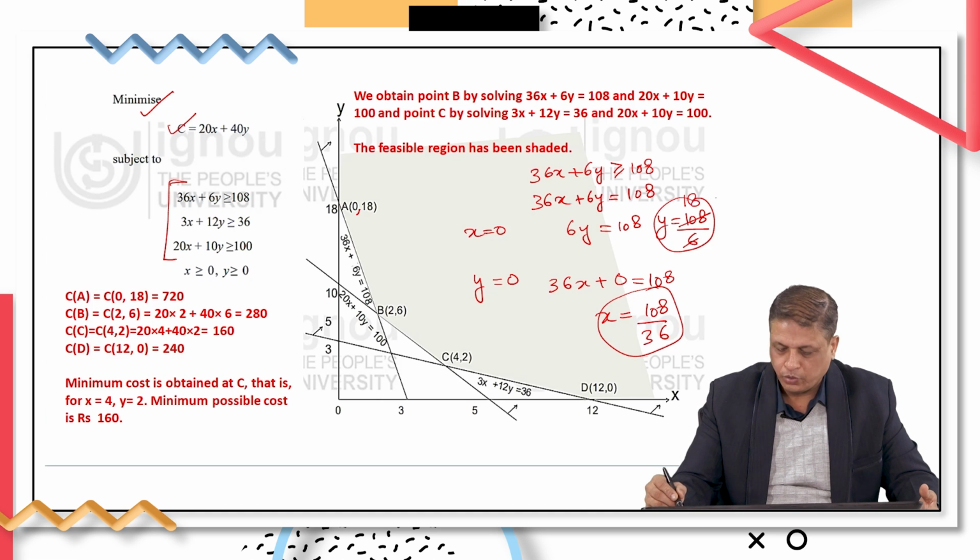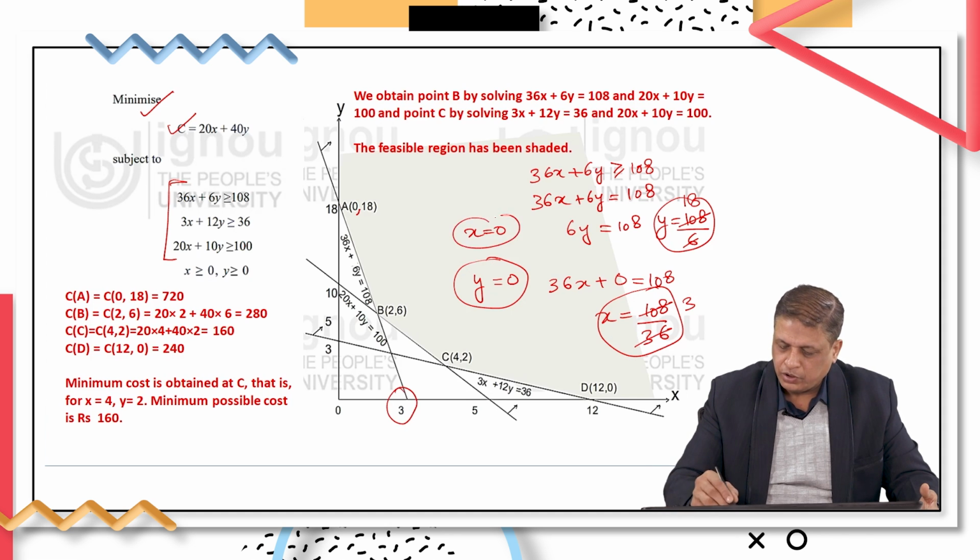So y is 18 and x is 3. When y is equal to 0, x is equal to 3, which is this point.